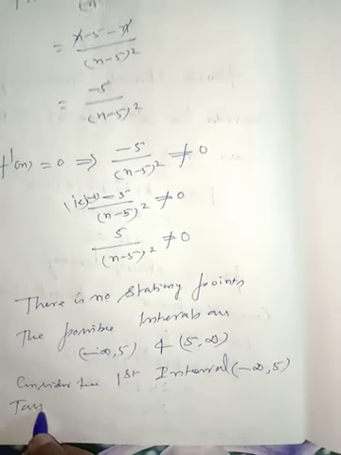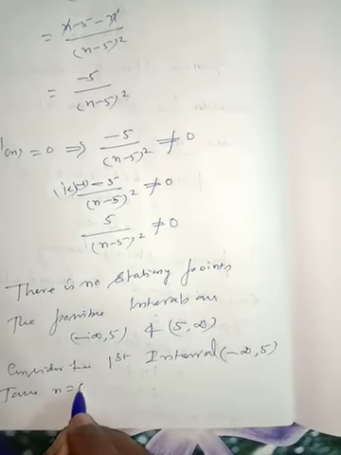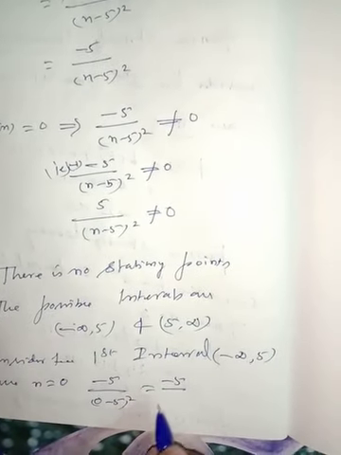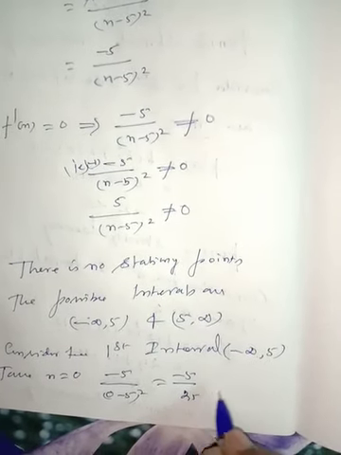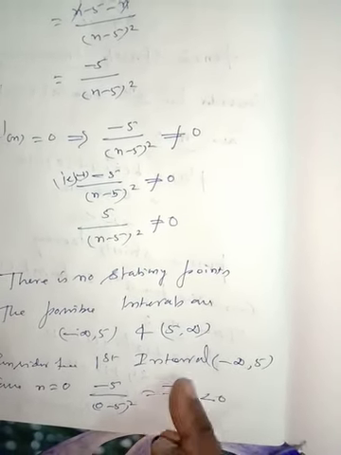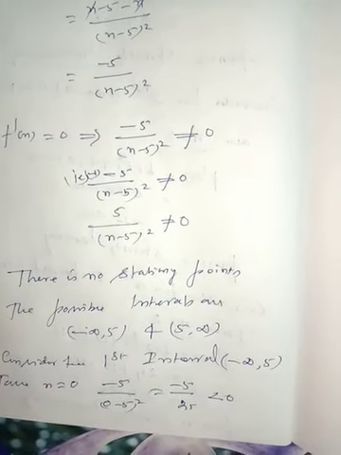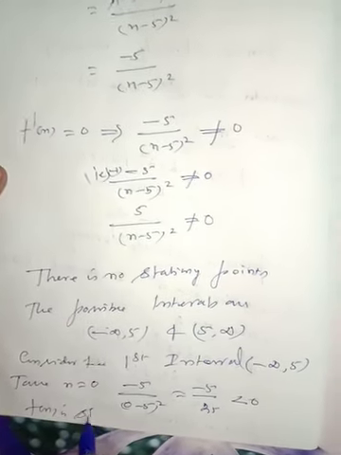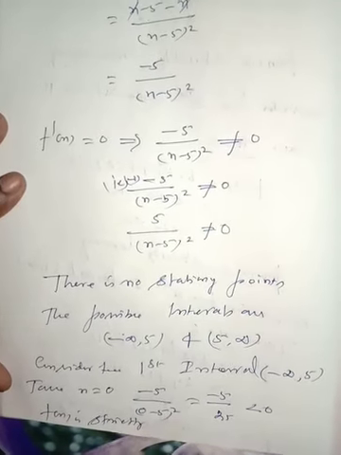Take x is equal to 0: minus 5 divided by 0 minus 5 whole square is equal to minus 5 divided by 25, which is less than 0. Cancelling, we get minus 1 divided by positive 5, therefore less than 0. So f of x is strictly decreasing.